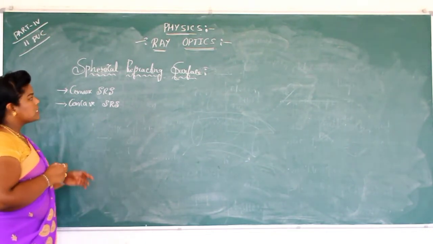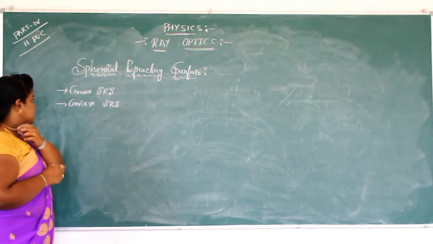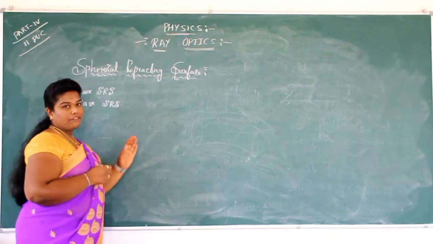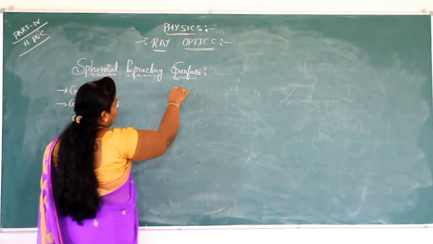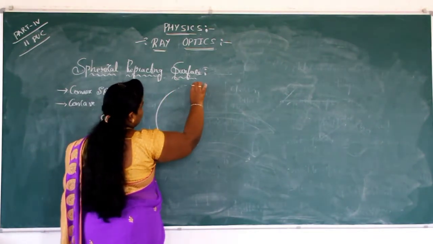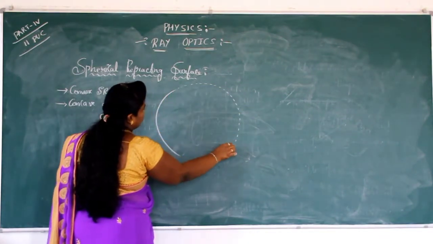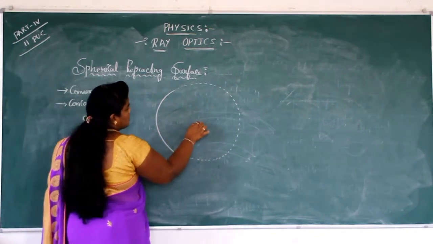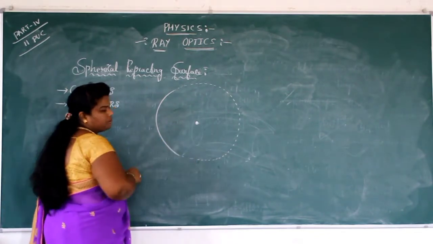Dear students, a spherical refracting surface is a surface which is a part of a sphere. If I just write a sphere here, you can observe that the sphere is exactly present here.